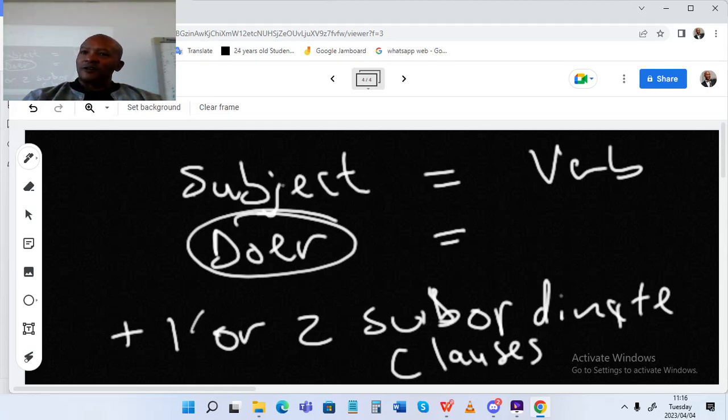Subordinate clause also has a verb, a finite verb. That's your note. Also has a finite verb. But can't stand on its own. In other words, it needs the main clause to make sense.